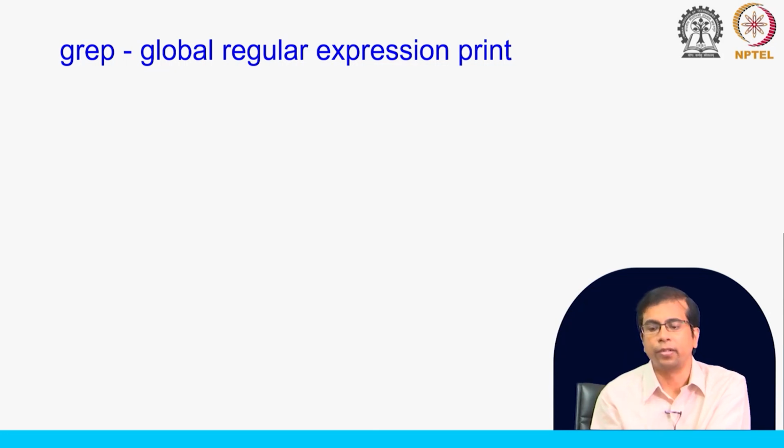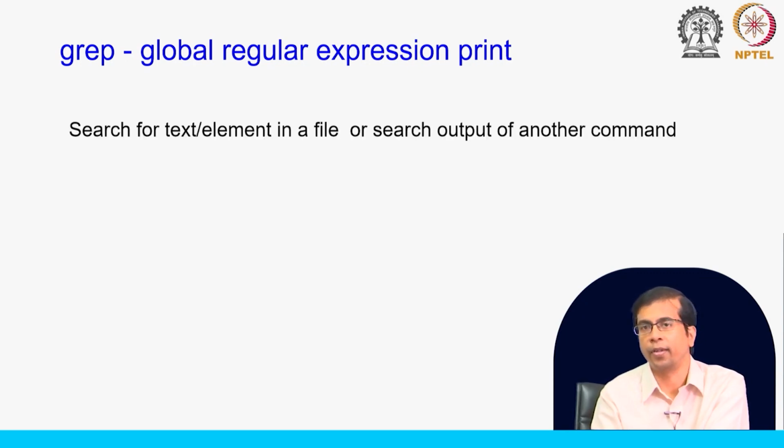For doing that we use this command grep. It can search this whole file very efficiently, and it can give you the instances where it has found this text or expression. This command is used, as I mentioned, to search for text or an element in a file, or you can also search the output of another command.